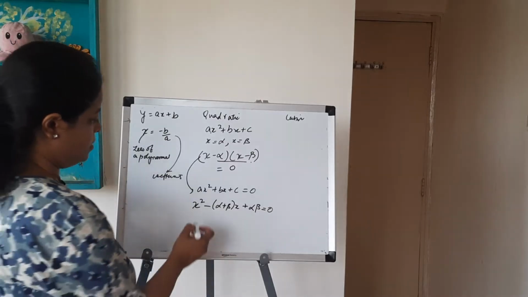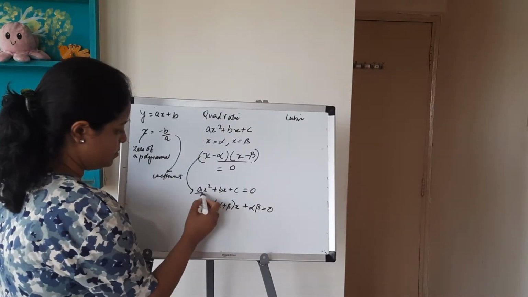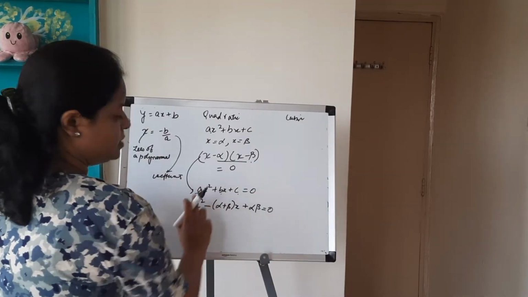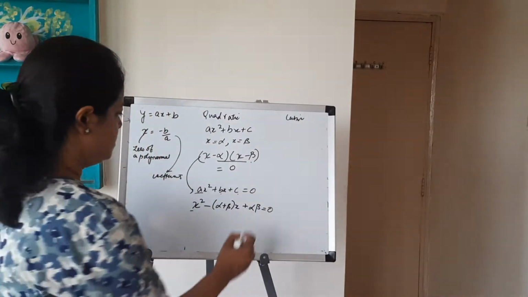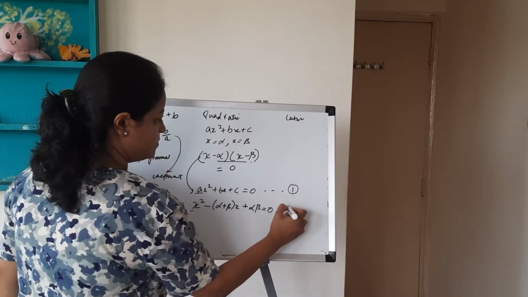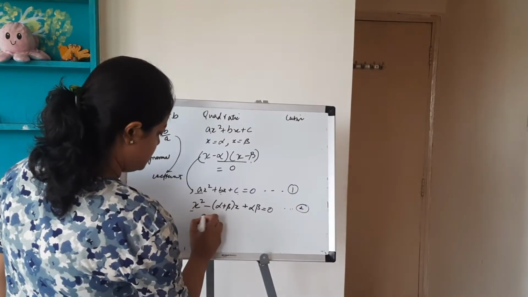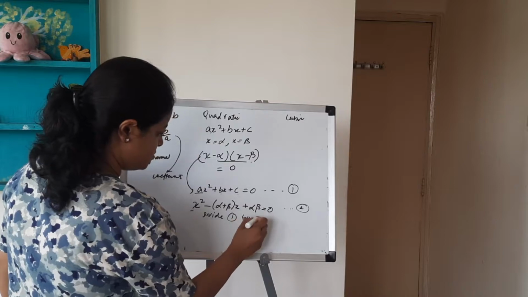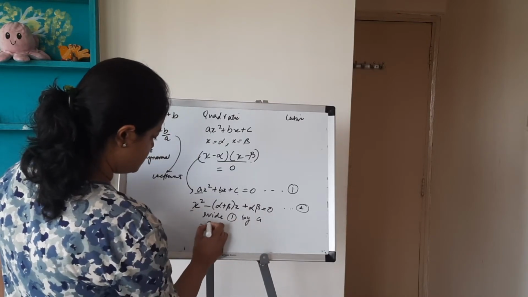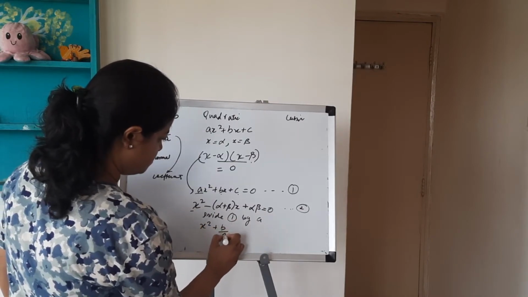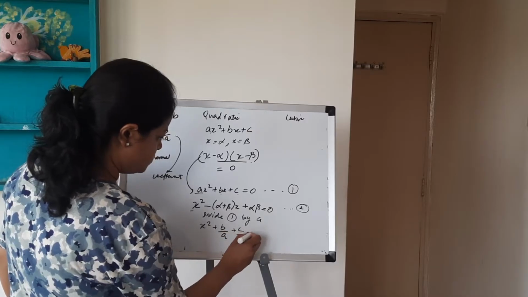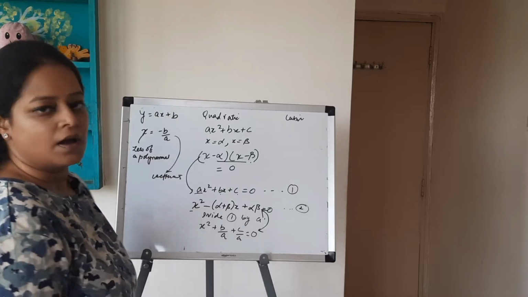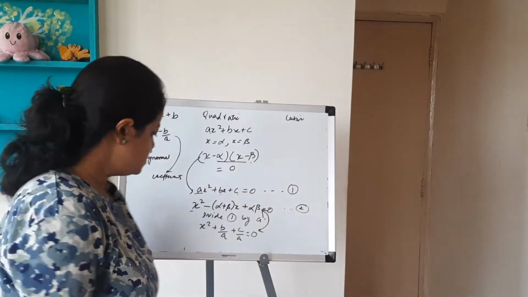If we now look at these terms here, this is a, this is b, this is c. How do we equate these numbers, right? We'll divide this by a, and then we are going to equate these two numbers, right?